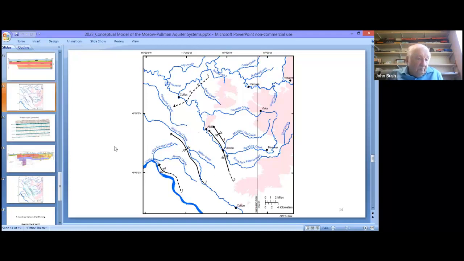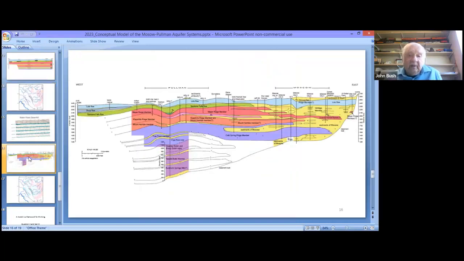Let's look at a summary in an east-west direction, and we can summarize a lot of things on this diagram. This is the diagram that's in several publications. One part that's misleading is in the Moscow area, as illustrated here, the flow does possibly sit right against the granites.